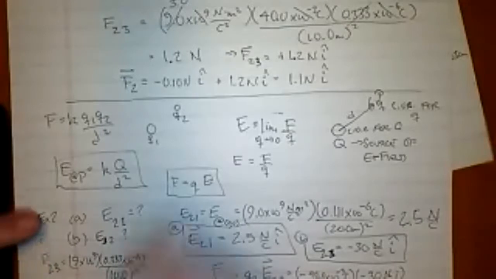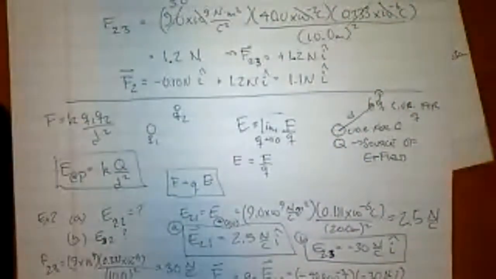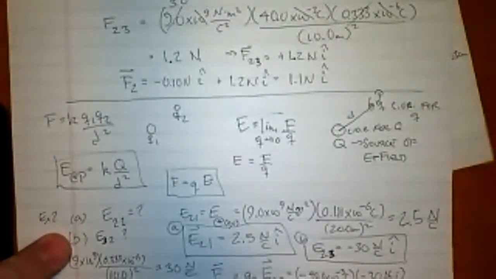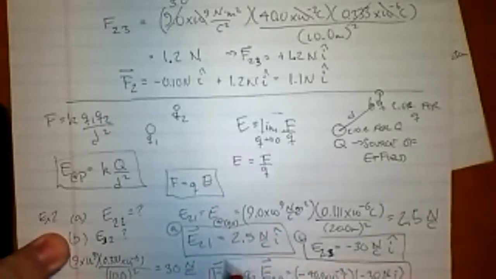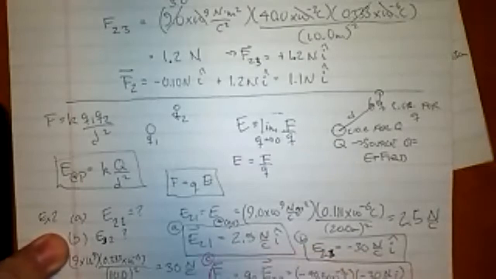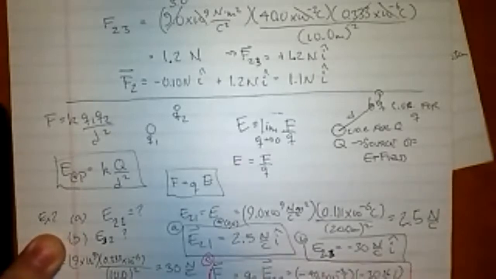And this is sort of the answer to C. And the answer to D is F(2,3) equals K Q2 Q3 over D squared, which equals 1.2 newtons in the I hat direction. And that's a check.